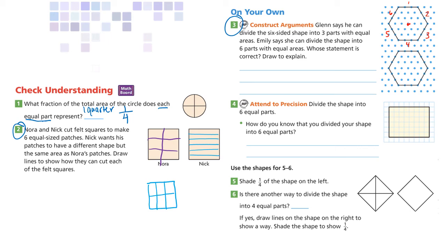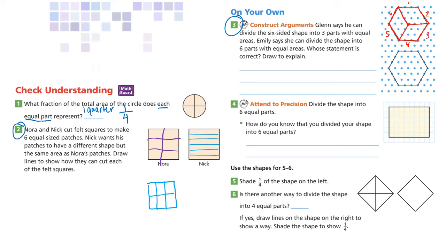So I'm going to go ahead and draw a line here, and I'm going to include side 1 and side 2. And then I'm going to include 2 more sides for the next part. And then my third part has 2 sides also. So that hexagon is now broken up into 3 equal parts, and those parts have the same area.